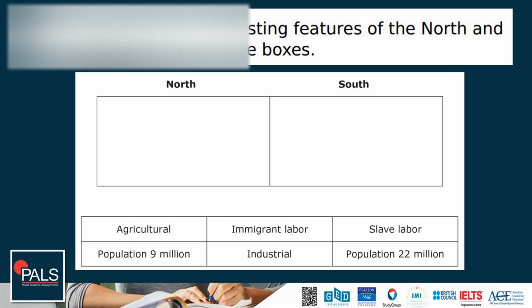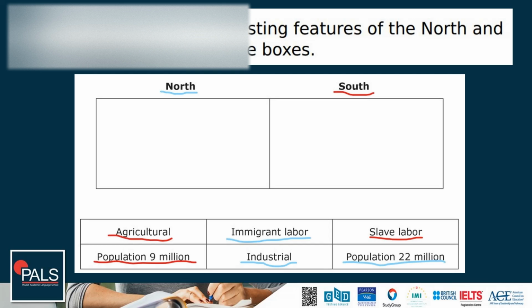Okay, I hope you've had a chance to look it over. If we look at this slide, we can see that the North had most of its labor provided by immigrants. New York was an entry point from Europe, so immigrant labor was what fueled most of the industrial activity in the North. The North was not suitable for cash crops, so during the Industrial Revolution they started to produce factories.